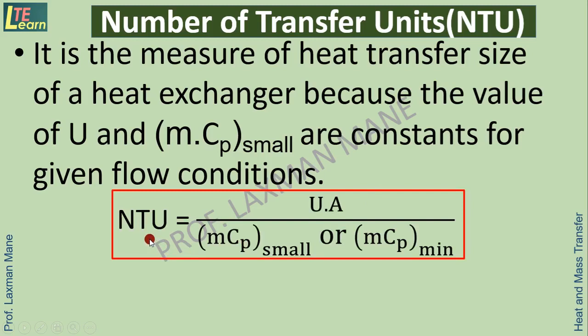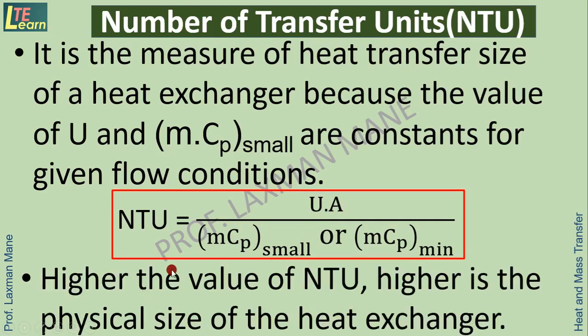So the formula is NTU equals U into A divided by the smaller heat capacity. In this formula, U, m and Cp are constants, so only A, the area, remains. From this it is seen that the higher the value of NTU, the higher is the physical size of the heat exchanger.